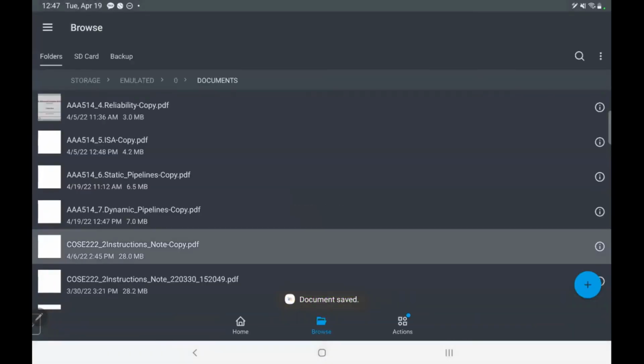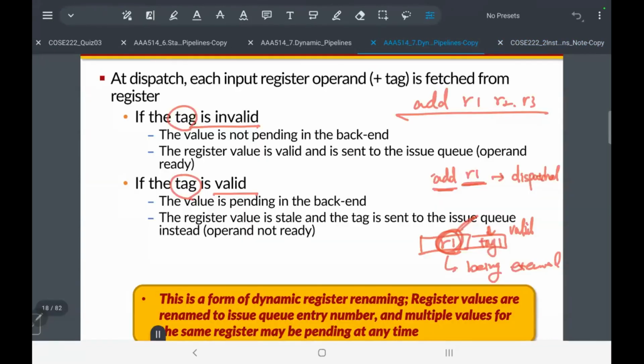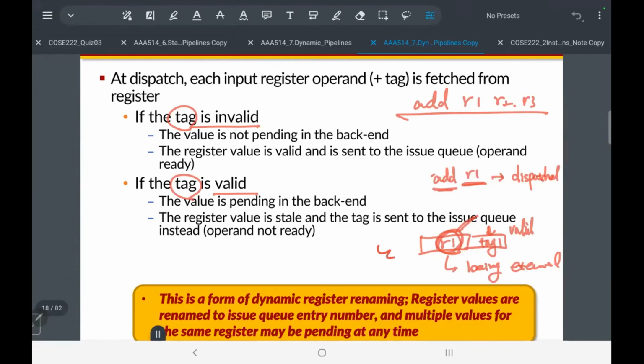So if the tag is invalid, then this R1 is already updated by former instructions.